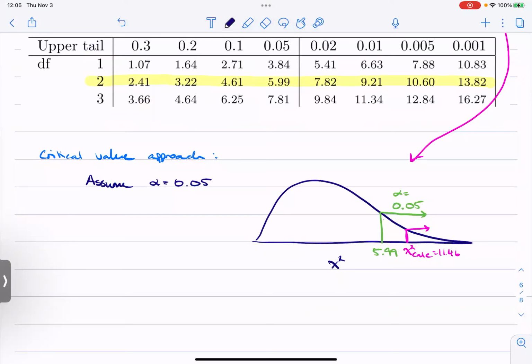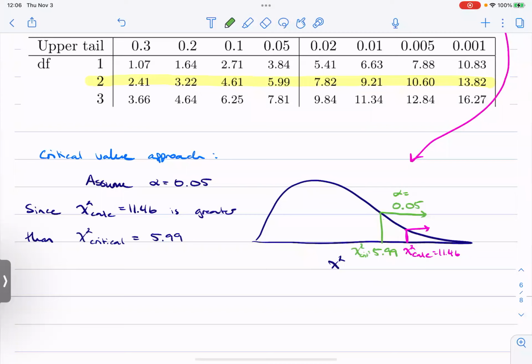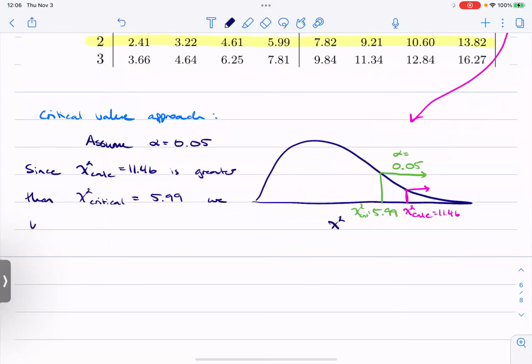So what we would say is that since the chi-squared calculated of 11.46 is, I was going to say larger, but I should say greater than the chi-squared critical of 5.99, maybe I'll put that here, chi-squared crit, we have enough evidence to reject H naught in favor of HA.